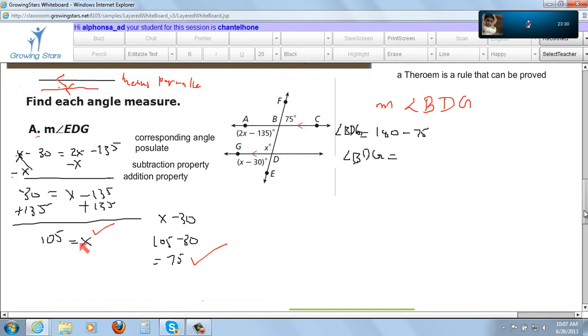We have already got the value of x as 105. Okay, there are many ways you can prove that, but we should be able to identify it in the easiest method. Clear?